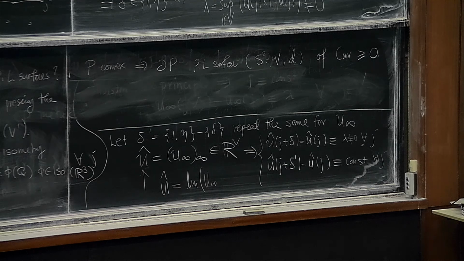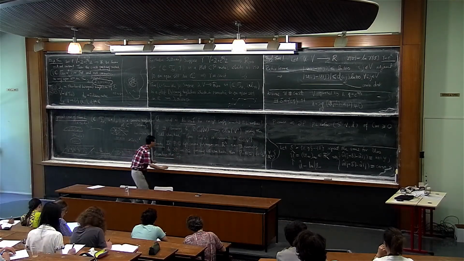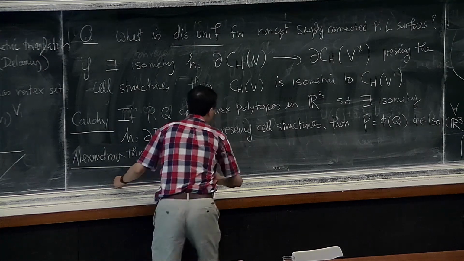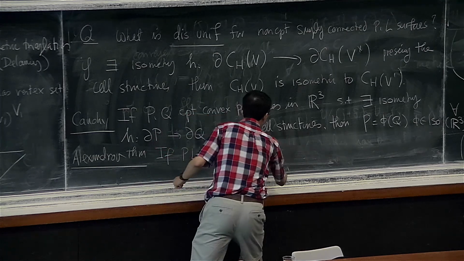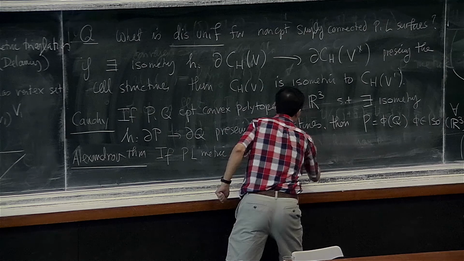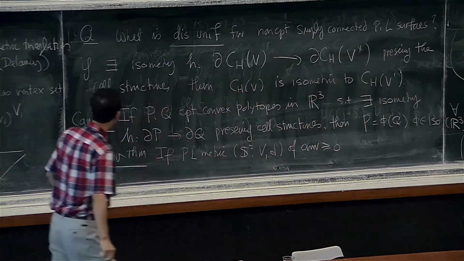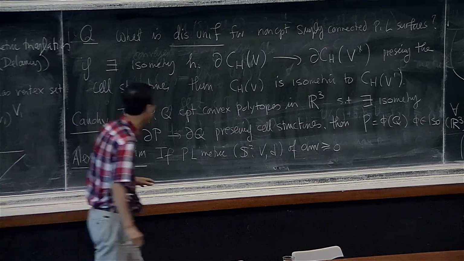So the theorem says that if I have a PL metric d on the two-sphere with a finite set of points of curvature bigger than or equal to 0, then you can find a convex polytope which is isometric to it. So this is really an isometric embedding problem.